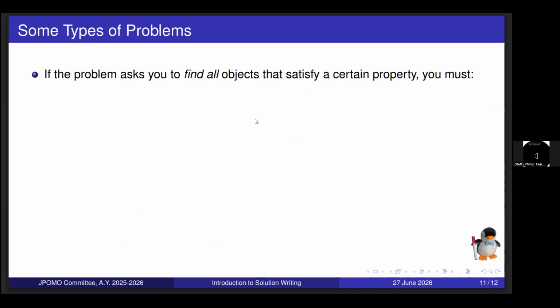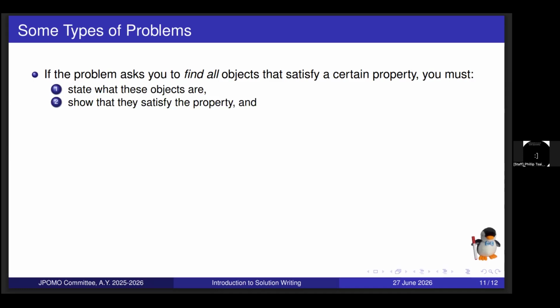Also, here are some other types of problems. If a problem asks you to find all objects that satisfy a certain property, you must state what these objects are, show that they satisfy the property, and show that there are no other objects that satisfy the property.